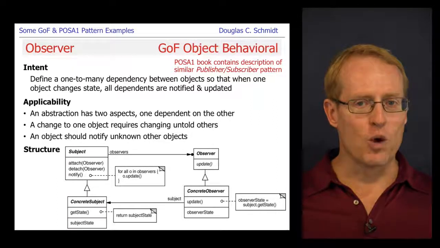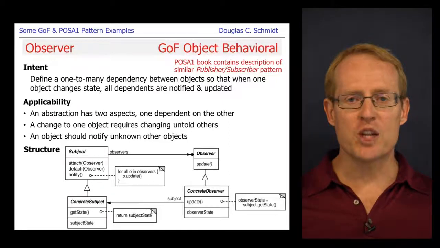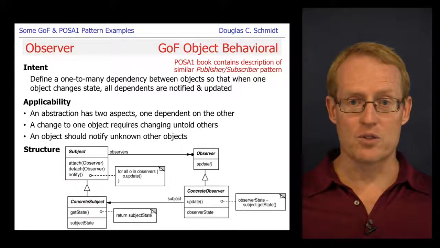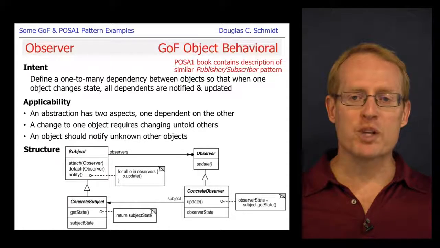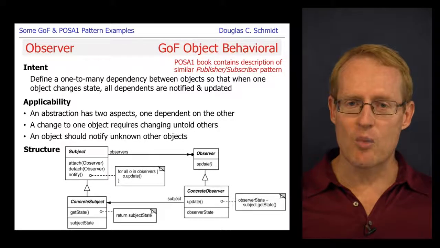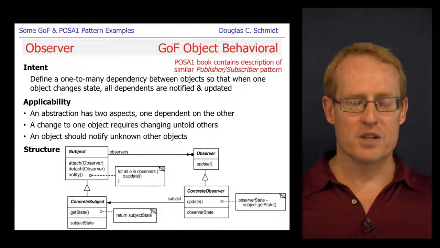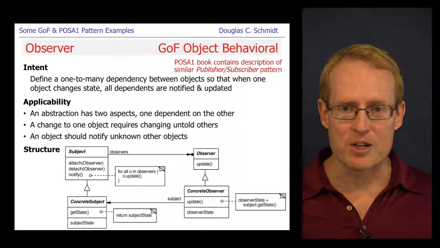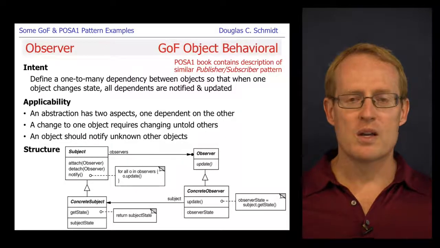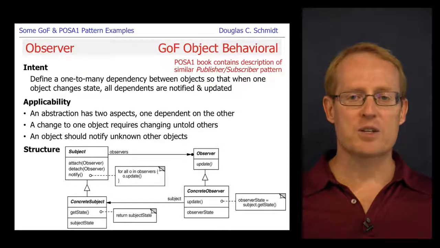Also, where a change in one object requires changing or notifying untold others, where you don't know in advance how many there are. And finally, where the objects should be loosely coupled. They shouldn't have to know about each other in terms of specific names, specific behaviors, even specific programming languages they're implemented in, and so on.